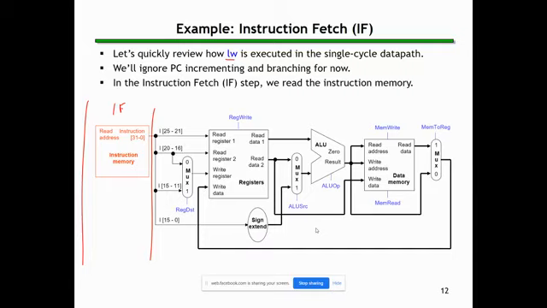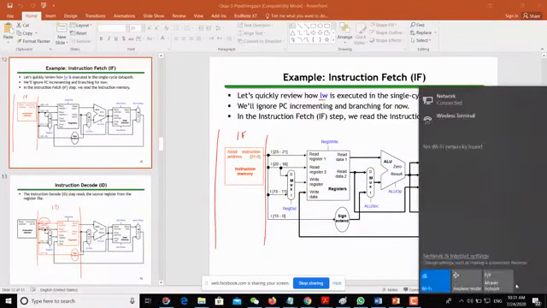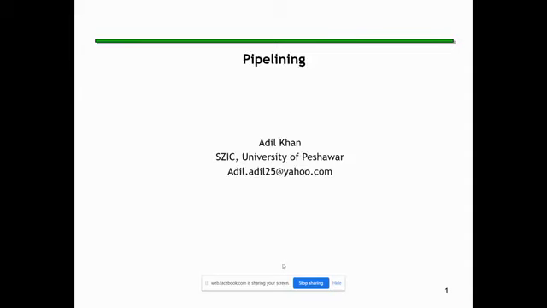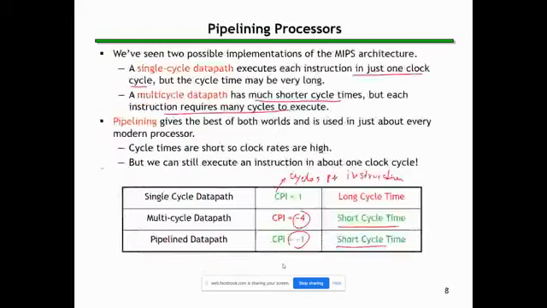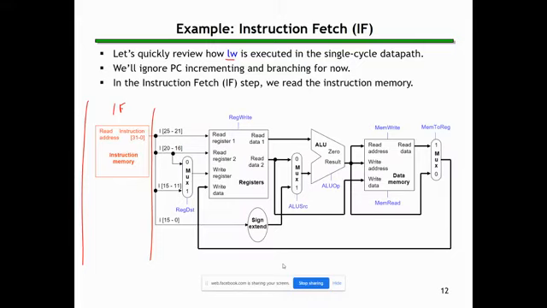We will ignore PC (program counter) incrementing and branching for now. Branching means a jumping condition.